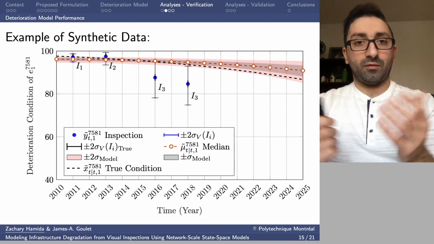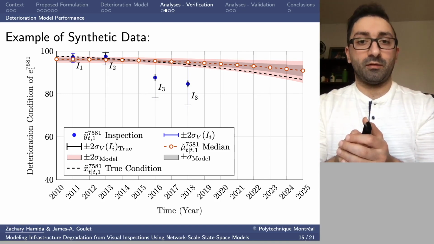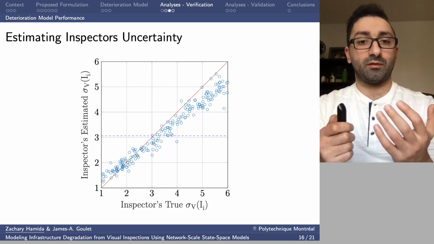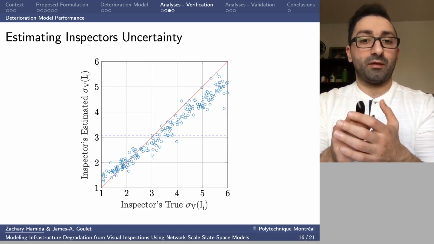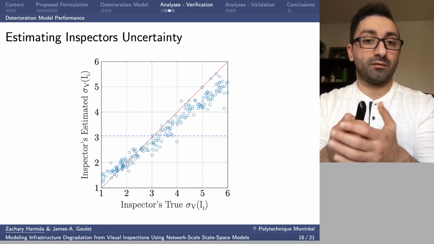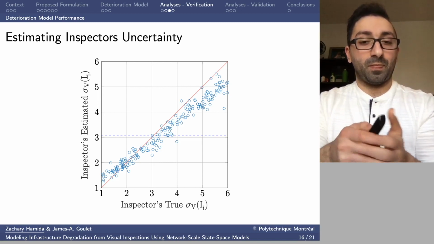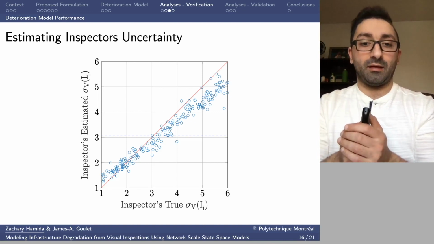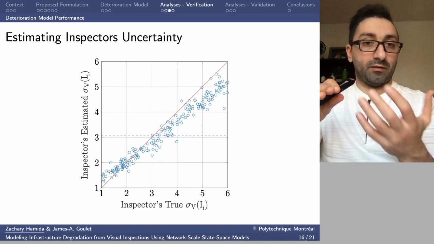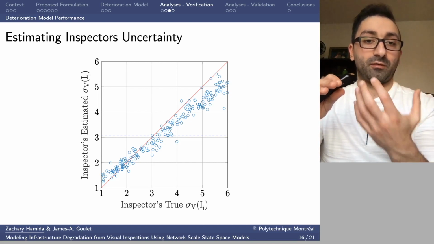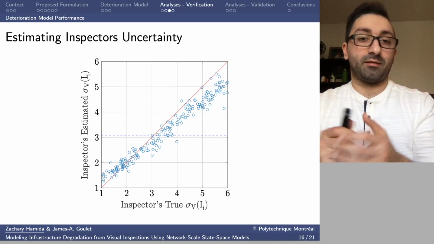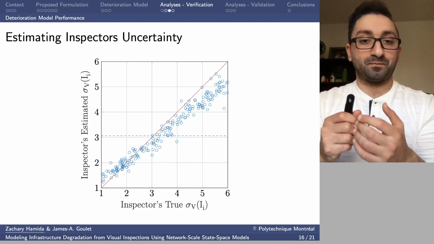So this is for time series analysis. Now, for the inspectors in general, we look at the quantification of the standard deviations of the observation error for each inspector. On the x-axis, we have the true inspector sigma v. Again, this is synthetic data, so we have access to the truth. And on the y-axis, we have the estimated inspector sigma v.